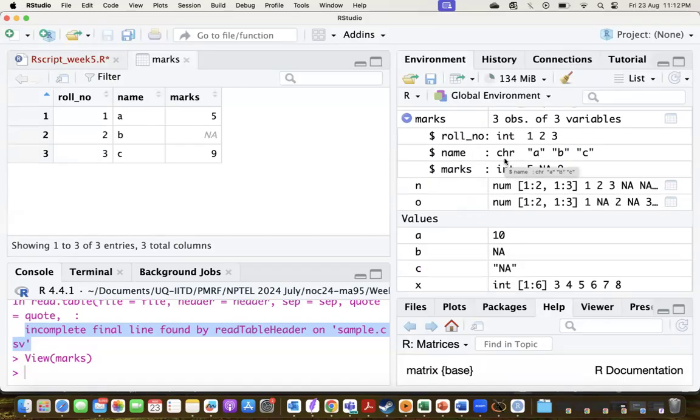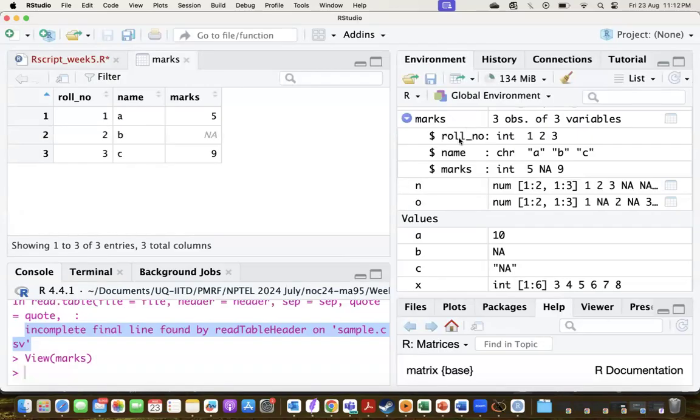Now, I'd just like to let you know that this is not a matrix. It is something called a data frame. We'll come to data frames in a few more weeks' time. The broad difference between a data frame and a matrix is that a matrix can have only one type of element, but a data frame can have multiple types of elements.